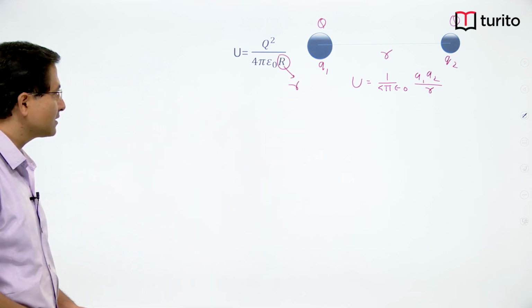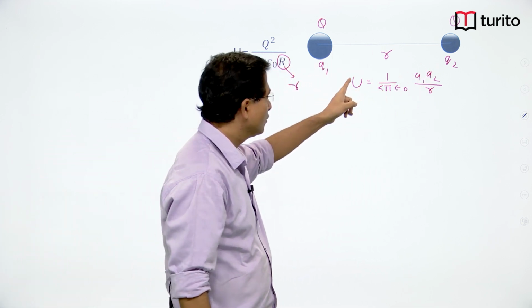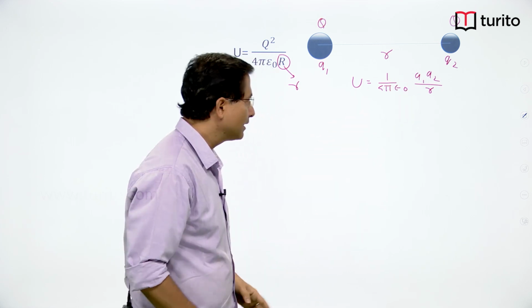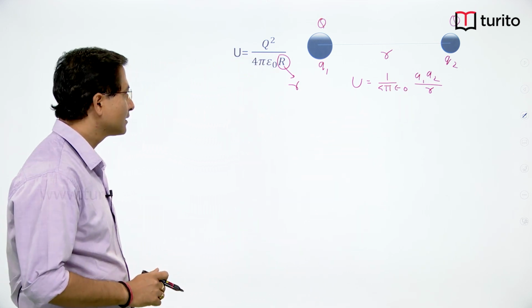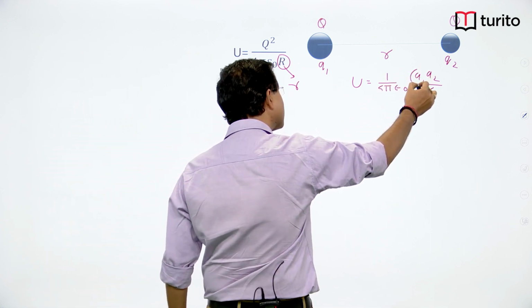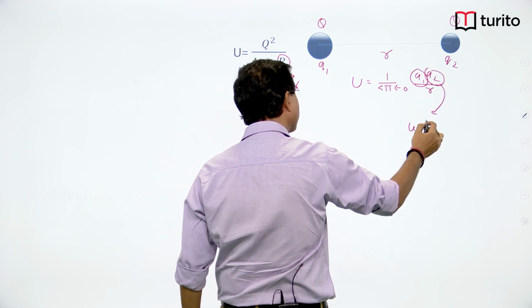So, for point charges q1 and q2, U is equal to 1 upon 4 pi epsilon naught q1 q2 by r. In the last class I told that here charges must be kept with sign. So, all these values are with sign.